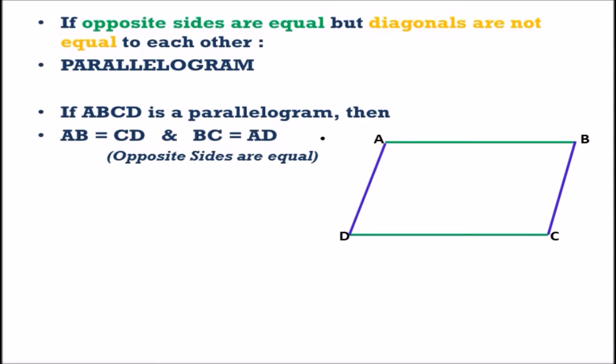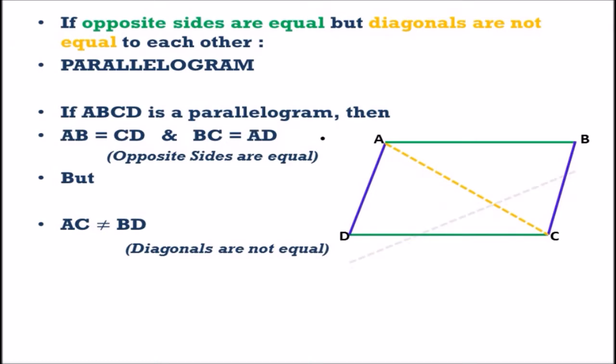That is, the opposite sides are equal. But AC will not be equal to BD. That is, the diagonals will not be equal. AC not equals BD. So if opposite sides are equal but diagonals are not equal, then we will call that quadrilateral a parallelogram.